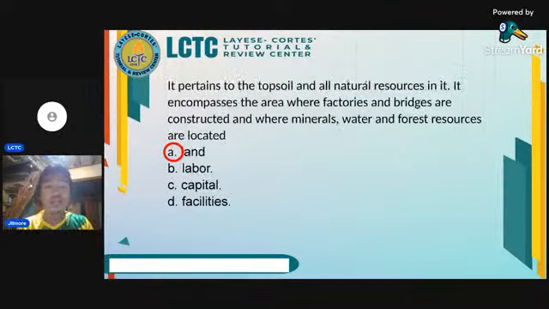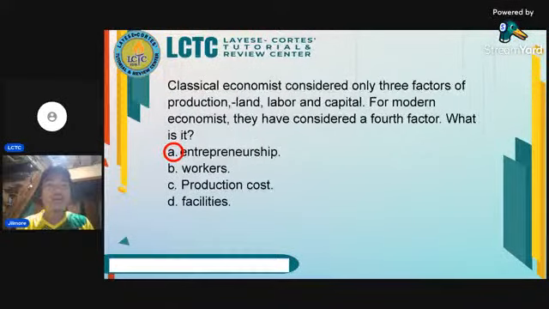But modern economists have considered a 4th factor: entrepreneurship. When we talk about classical economists, 3 factors: land, labor, capital. For modern economists, entrepreneurship is considered the 4th factor of production.